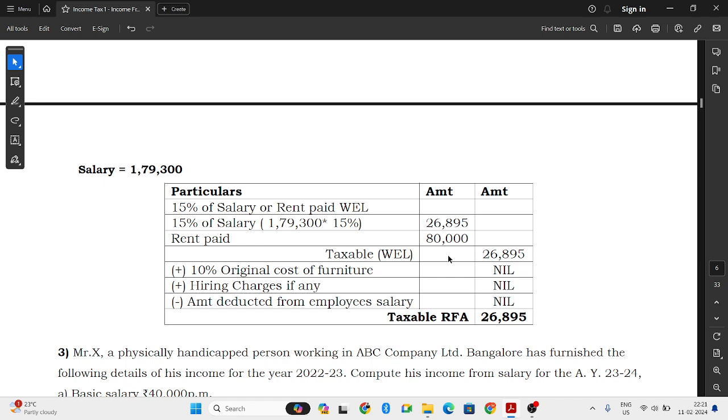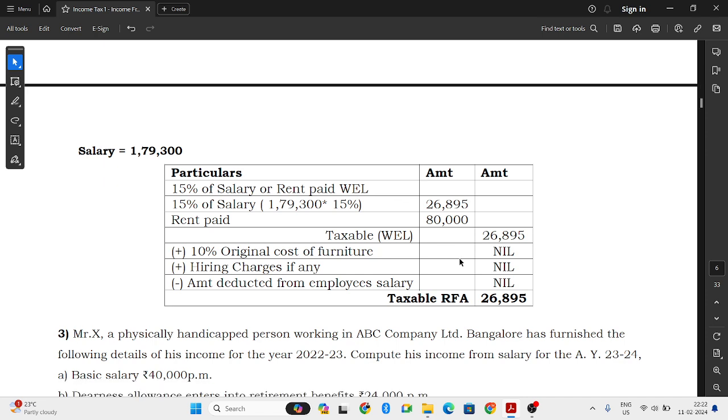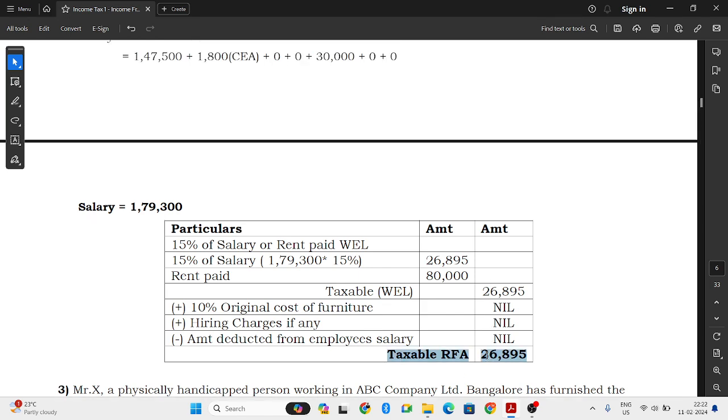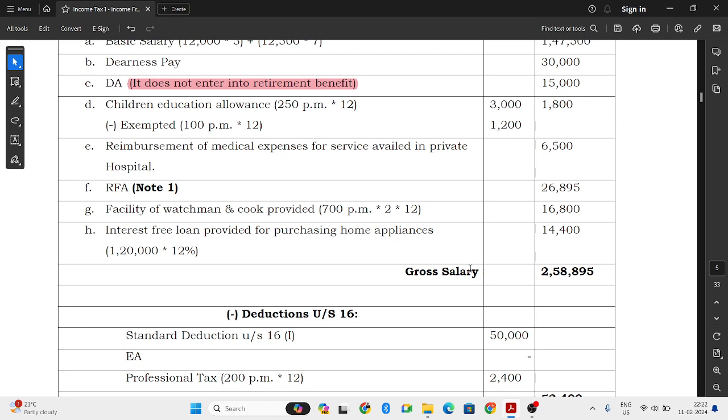Then you add furniture if purchased, but no details are given, so ignore that. No hiring charges are given, so ignore that. No amount is deducted from the employee's salary, so ignore that also. The total is 26,895, which will be taken into the computation table.